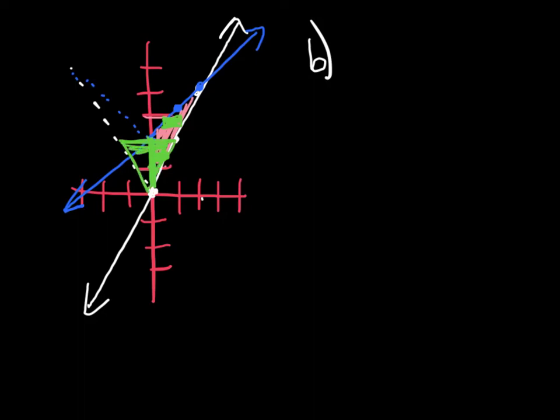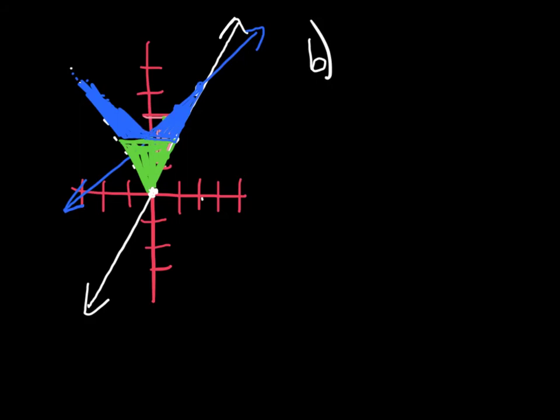Then the top part, from 2 to 4, let's do that in a different color, is going to end up being a washer. So I'm going to have to do it in two separate integrals. One for the disc, one for the washer. It's kind of a mess, but you hopefully can get the idea.